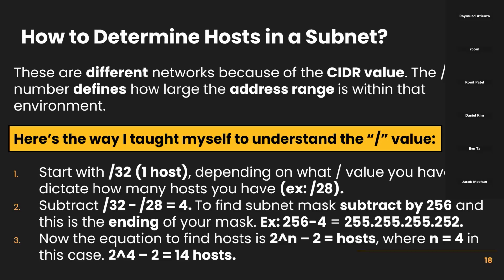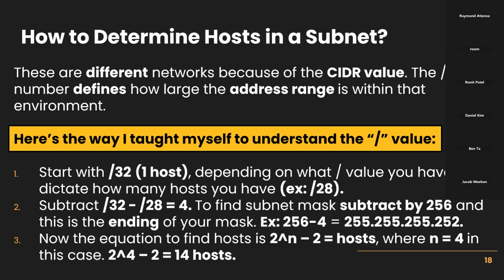Say you want to find a slash 28: I do slash 32, which is the absolute lowest you could go, minus 28, and the difference would be 4 in this example. So you could think of n as 4 for this specific one.